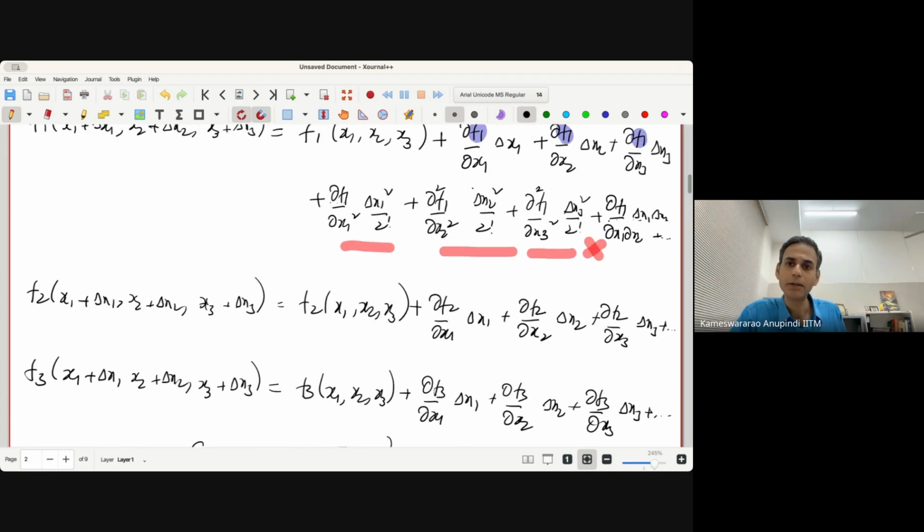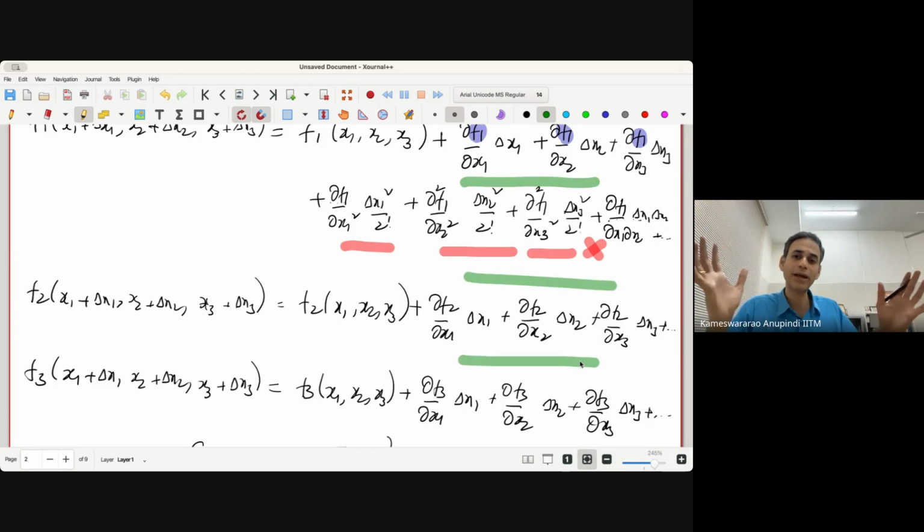There are three terms in the first row, three more in the second, and three more in the third, so I have a total of 9 terms. But one thing that is common is that they are all multiplied by delta x1, delta x2, delta x3: the first term by delta x1, the second by delta x2, the third by delta x3.